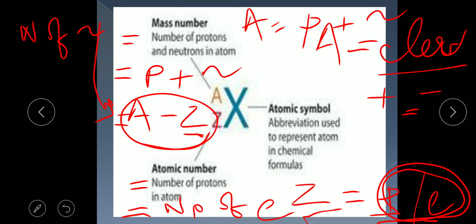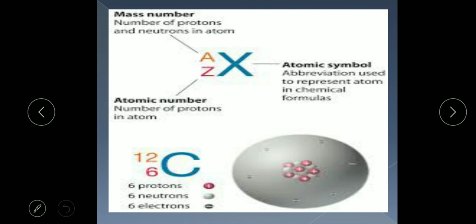So let's start with the element whose atomic number is 1. This is just an example shown to you. See 12 and 6.